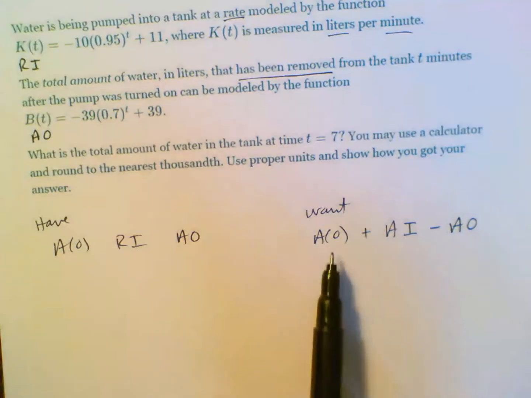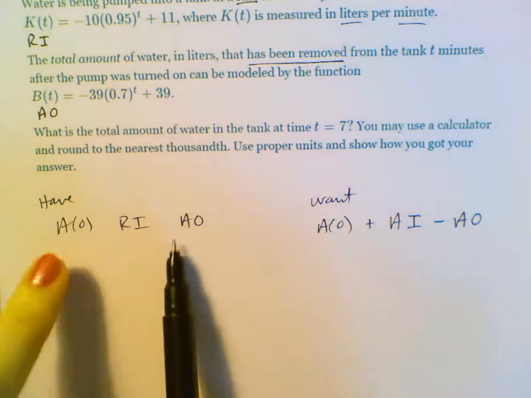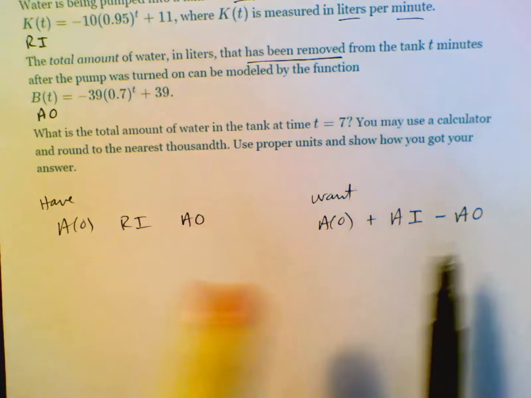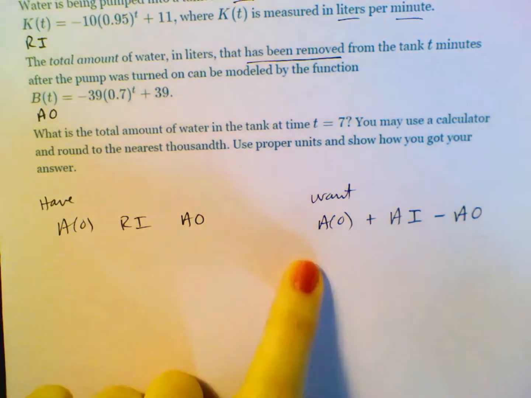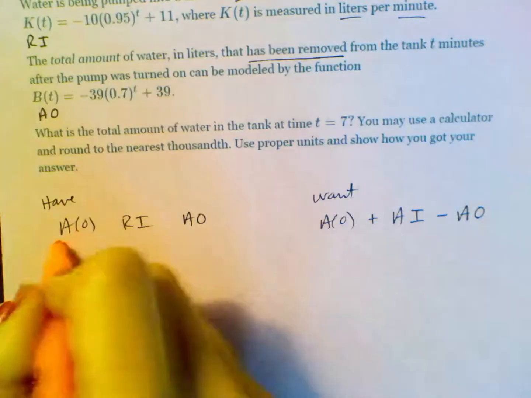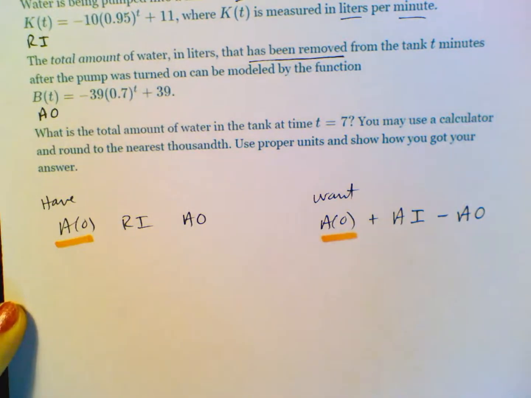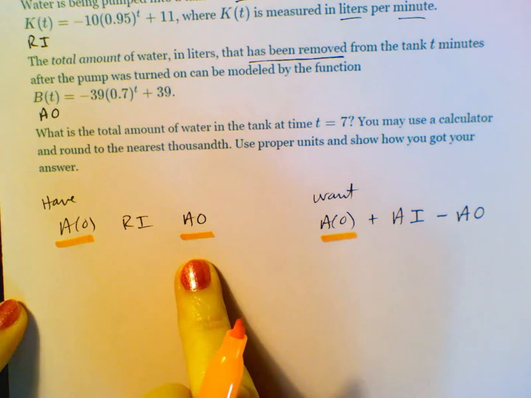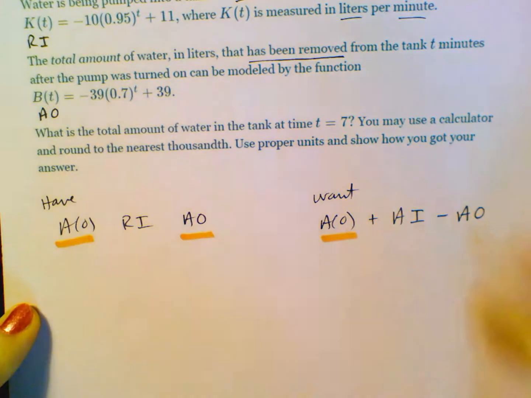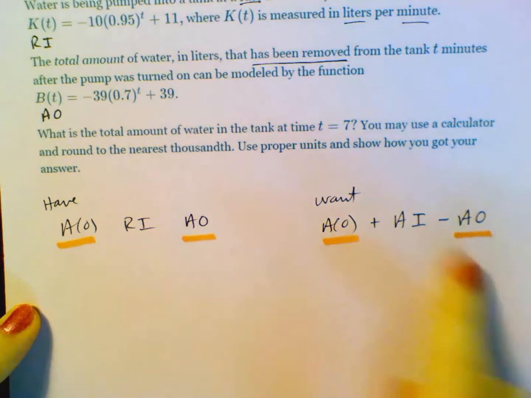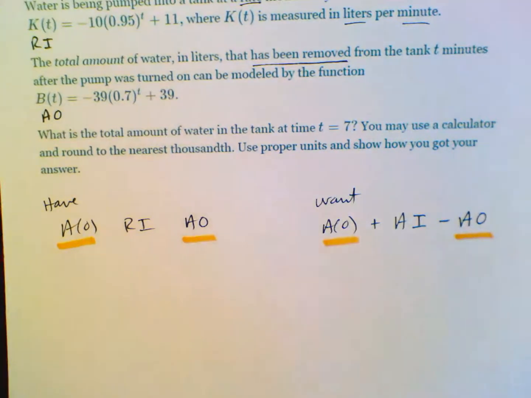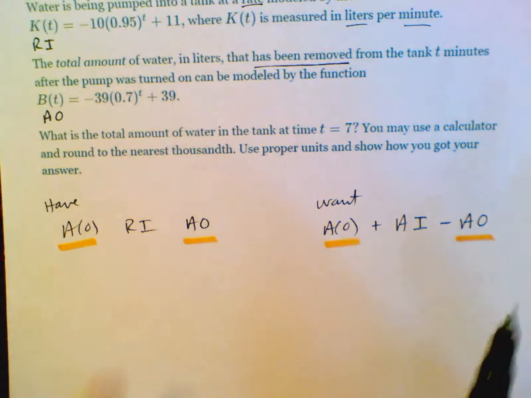So now I need to take what I have and use it to get what I want. So guys, I have A of 0 and I want it there. I have a function that will give me the amount that has gone out at any time, and I want the amount that has gone out at 7. And so this is the only difference.